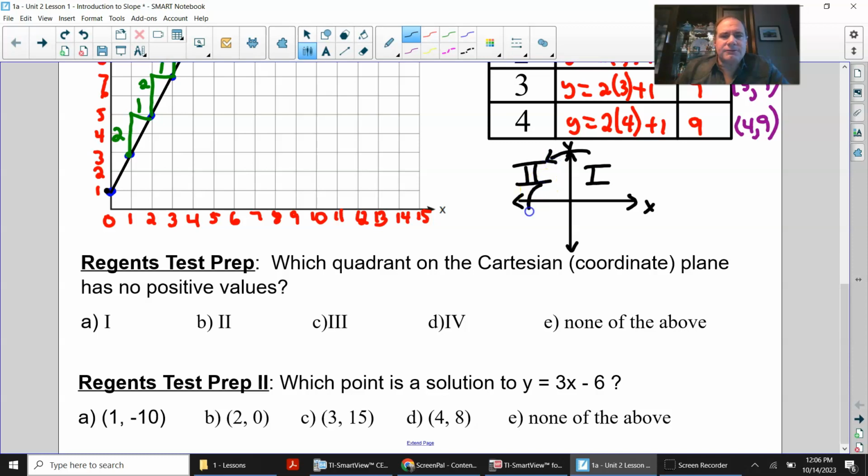Going this way again would be the third quadrant, and then the fourth quadrant. So which quadrant has no positive values, all negatives? That would be going to the left, all negatives on the x-axis, and then down on the y-axis. So this would be the third quadrant.